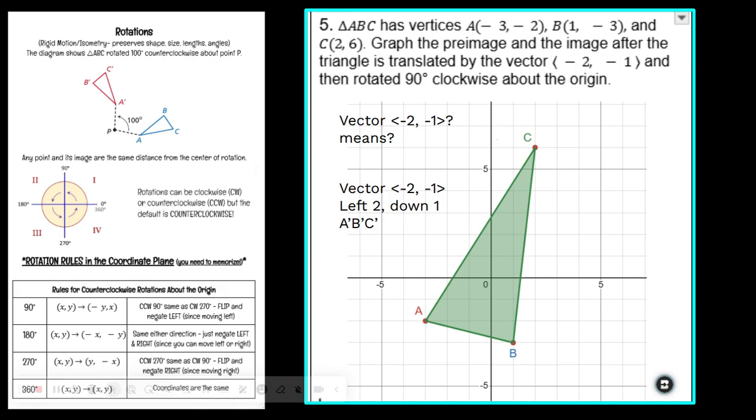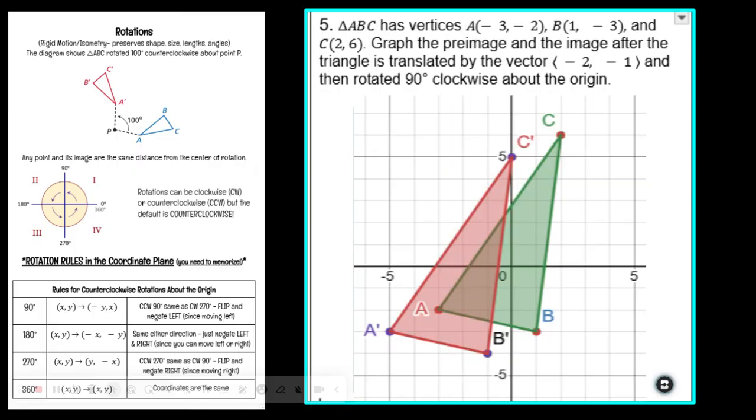Of course, you can always use algebra as well by subtracting 2 from our x values and subtracting 1 from all of our y's. But there you go. That's exactly how it should look on your paper because, again, translation, that vector notation, tells me we took our triangle and we shifted it left 2 and down 1.